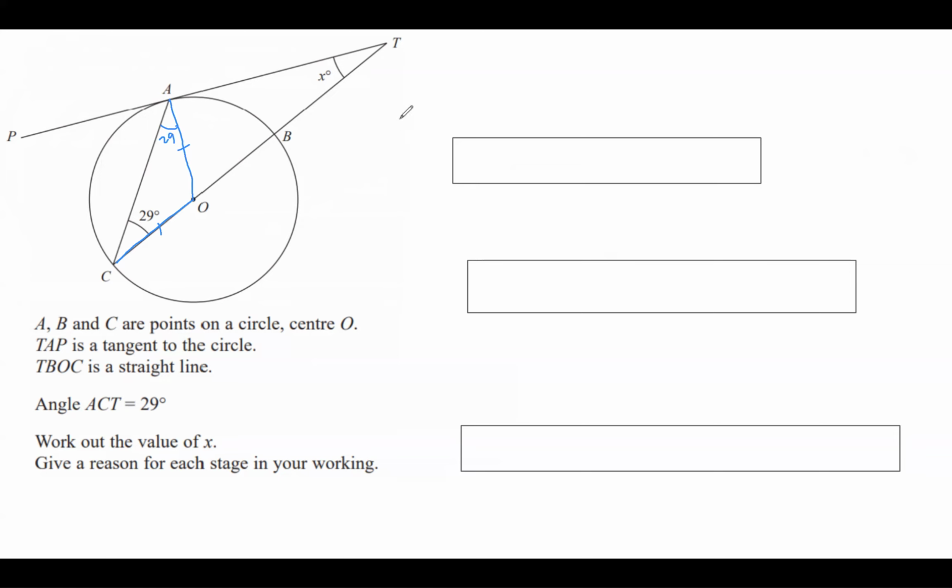So we can say angle OCA is equal to angle OAC, and they are both going to be 29 degrees. And that's because we have an isosceles triangle.